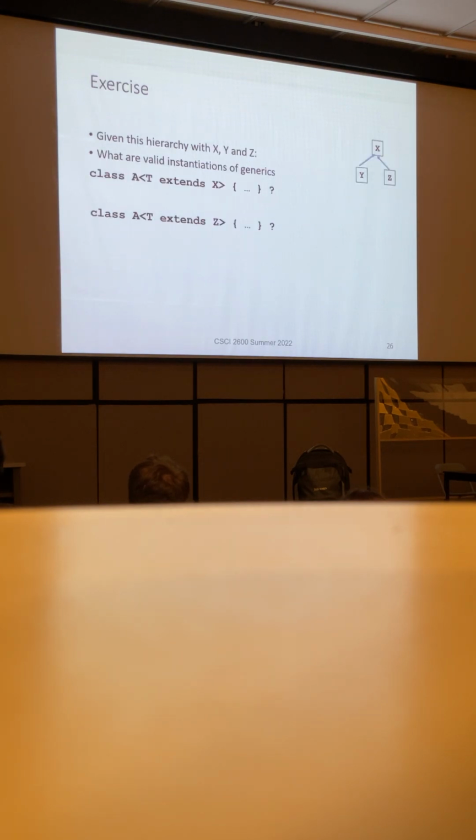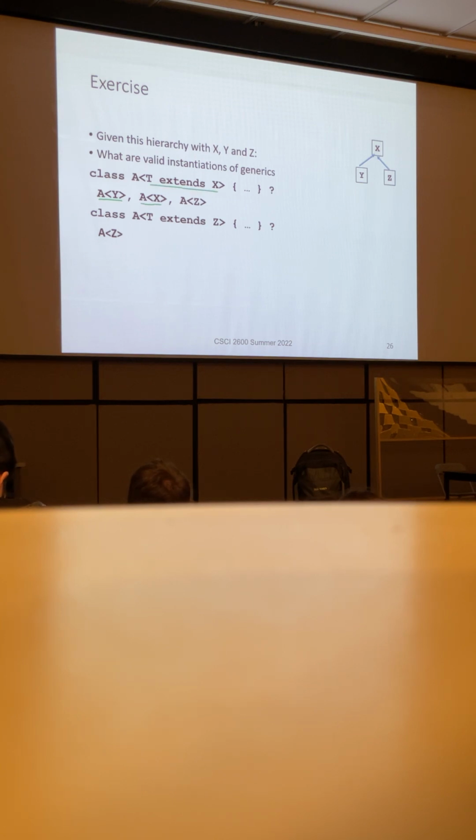We don't have that much time left, so let's skip this exercise for now. But we can see that given this hierarchy, X, Y, and Z, you need to select valid instantiations of generics. Let's just do one. A with the type parameter Y: Y extends X, so T extends X, yes, it works.